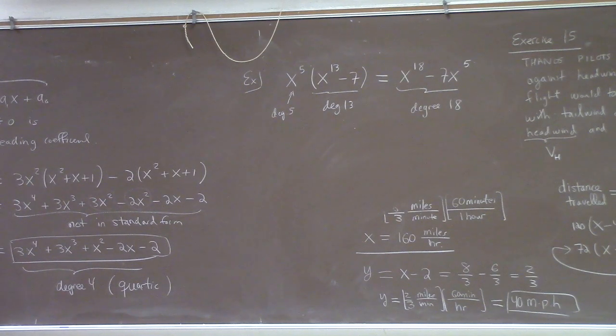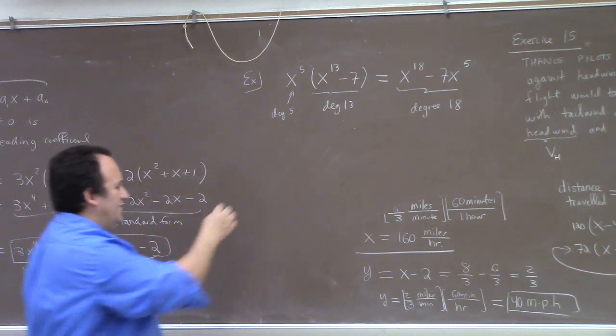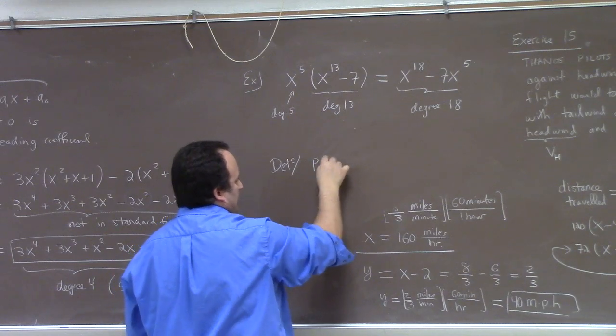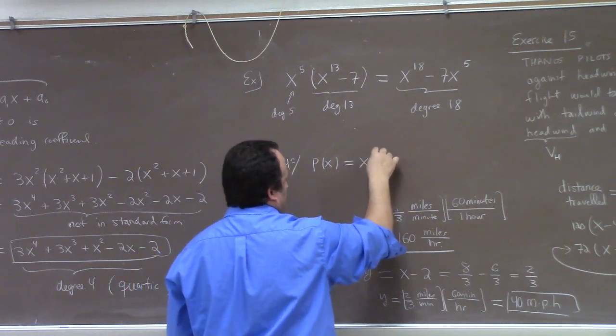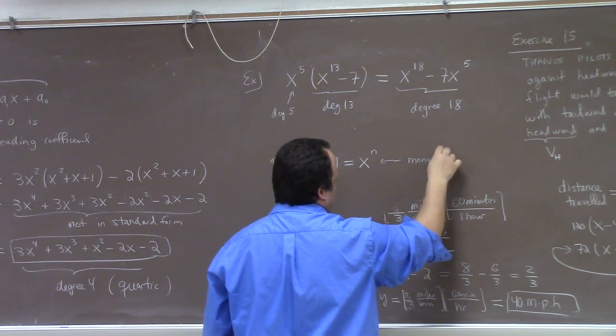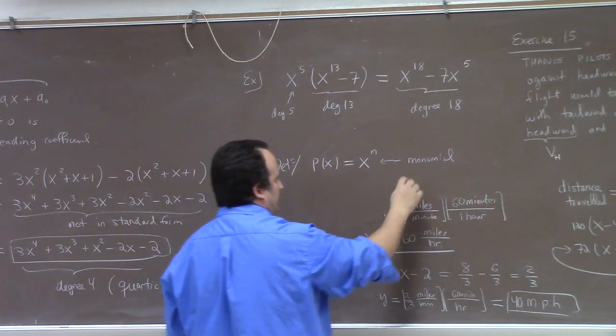We know an awful lot about quadratic polynomials. There's another definition. If you have p of x equals just x to the n, this is called a monomial. It's also called the n power function.